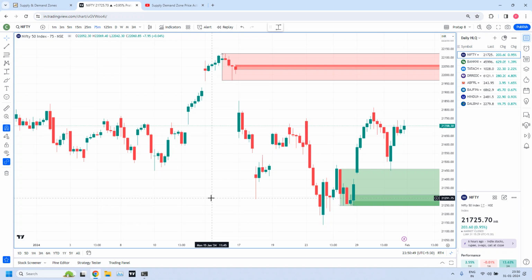Today even the high liquidity zone concepts worked pretty well, and whatever concepts you learned from my earlier videos, all these concepts were executed today. Probably almost all the concepts you learned were executed today. Nearly 4 trades were executed and all 4 were successful.